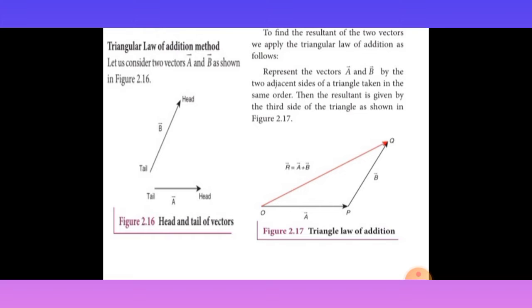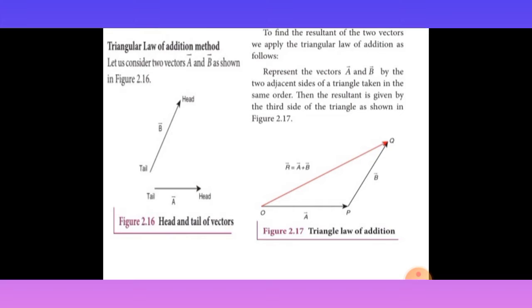So represent the a vector and b vector by the two adjacent sides of a triangle. Then the resultant is given by the third side of the triangle. It is also marked in a red line, as shown in the figure.